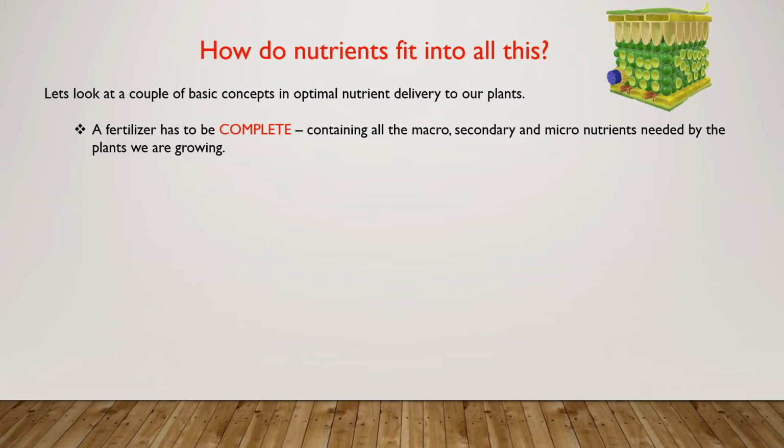We may be able to find a single product that is complete, but that's generally not the rule in a commercial operation because of the special needs of most of the plants that we're growing.